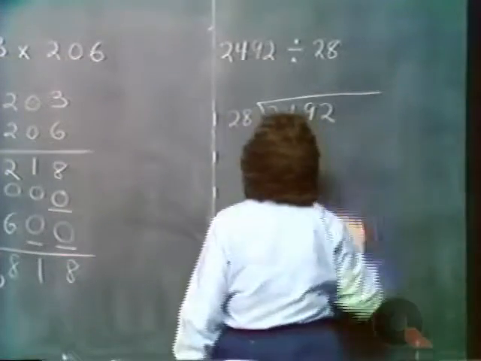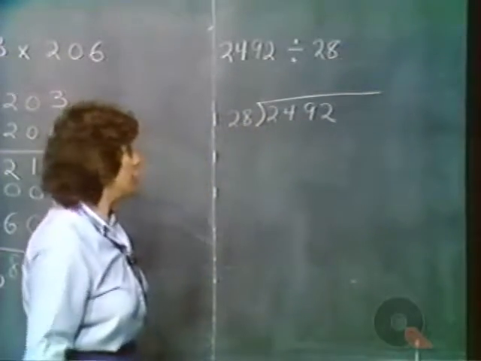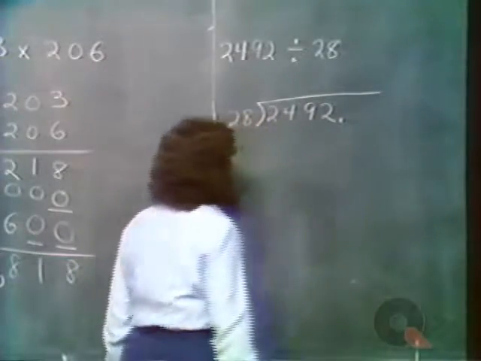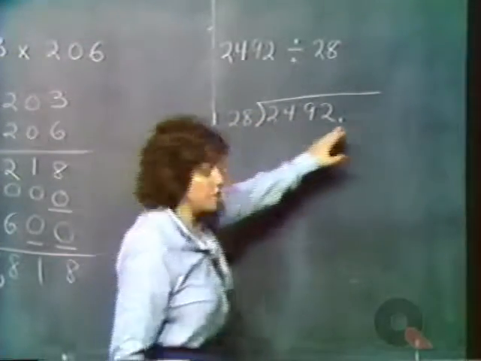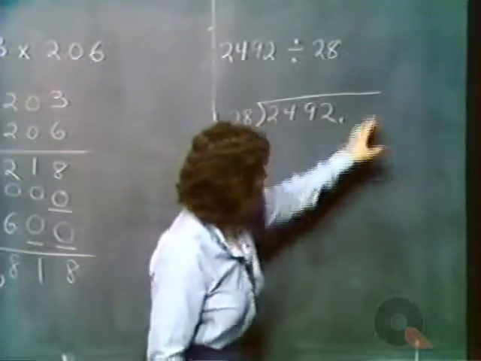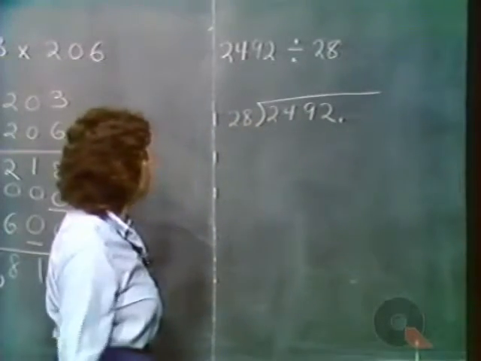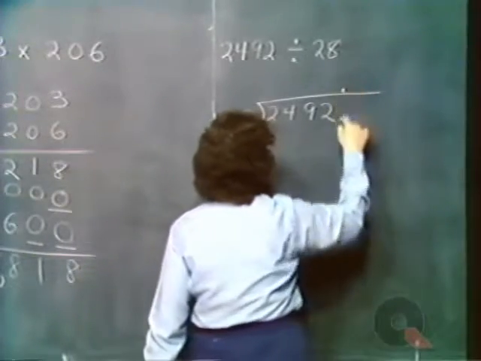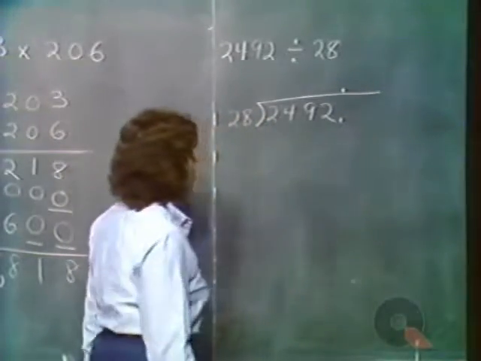Many of the answers in the early part of the test will come out to be integers. Okay, since you don't know what's going to happen, a good idea is to put a decimal point here so that if it doesn't come out evenly, you will be prepared to move to decimals if you have to. Okay, and in the answer, you will have a decimal point right over the place the decimal point was over there.